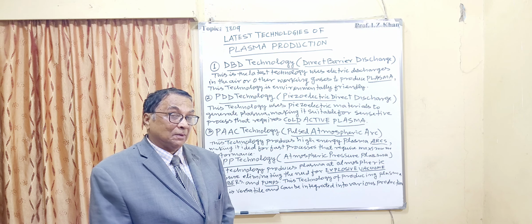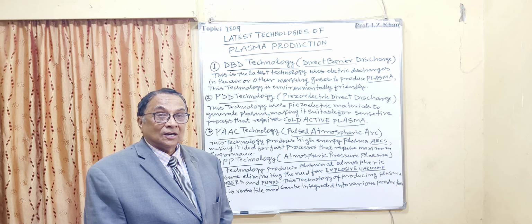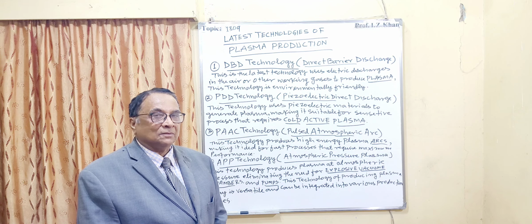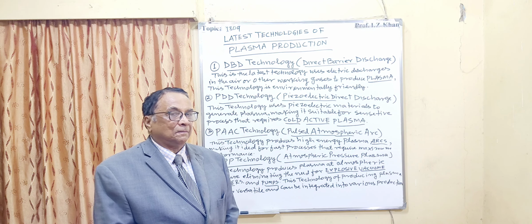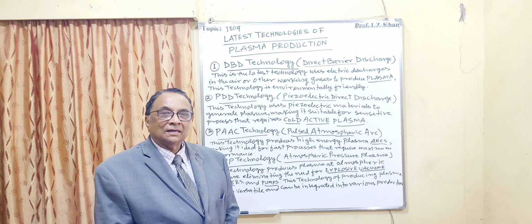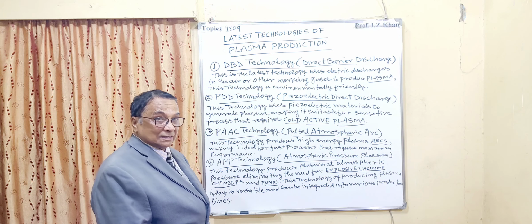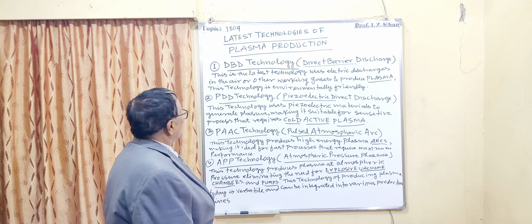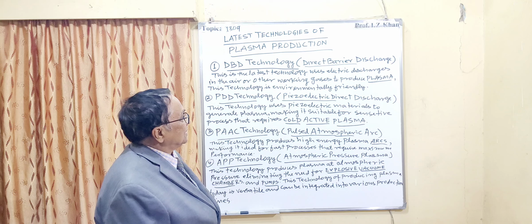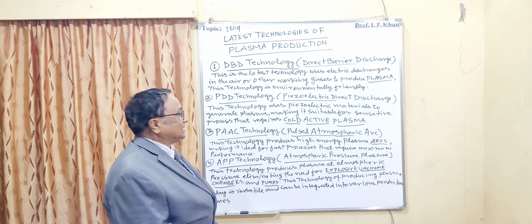In the previous lecture I have already told you that electrical lightning or sparking is nothing but the production of plasma in gaseous form in the presence of ionization energy in space. So the same type of technique they are using to produce plasma, and this technology is environmentally friendly.